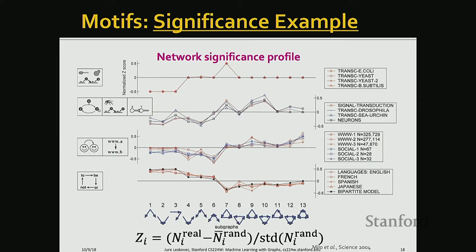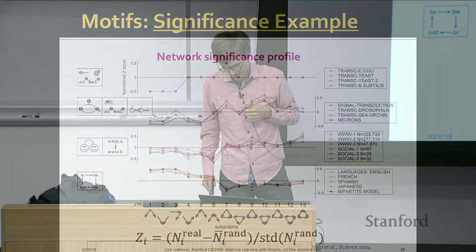The z-scores here are normalized in such a way that the sum of their squares should be 1. And that's essentially what this is, okay? And what is impressive here is that you can take very different networks, and different classes of networks have a different profile, a different description, okay?